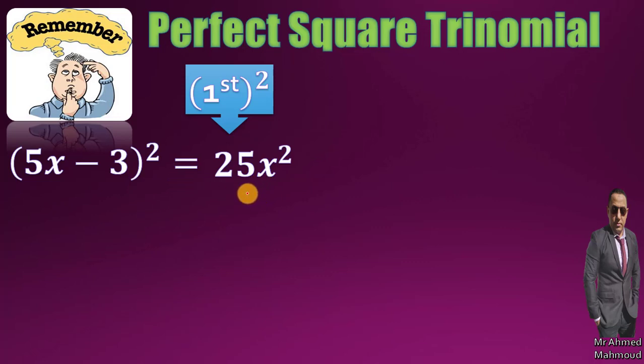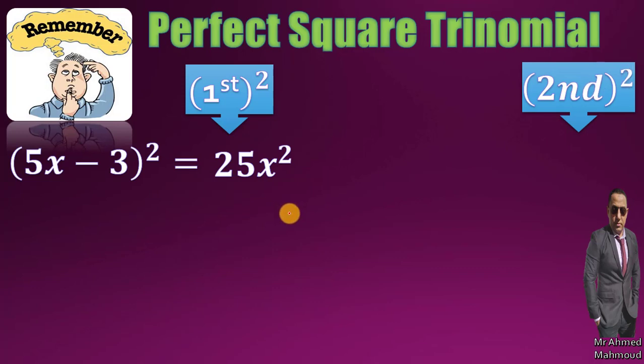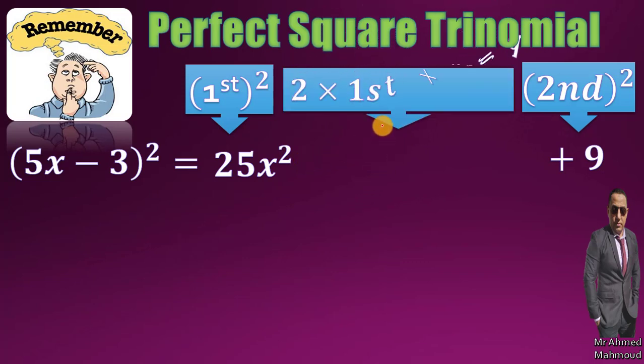Okay, second we have negative 3. It will be to the power of 2, so it will be negative 3 all to the power of 2. We know that the power of 2 cancels the negative sign, so it is equal to positive 9. The middle term equals 2 times the first times the second. Again, 2 times the first times the second.